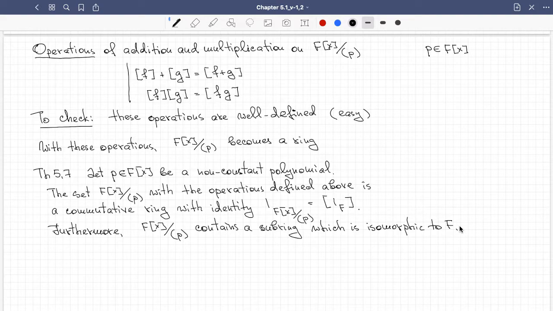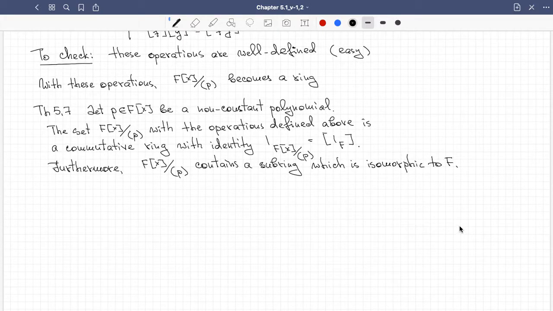It is easy and described in the book, but the last sentence here, starting with furthermore, requires some comments. This is something new.